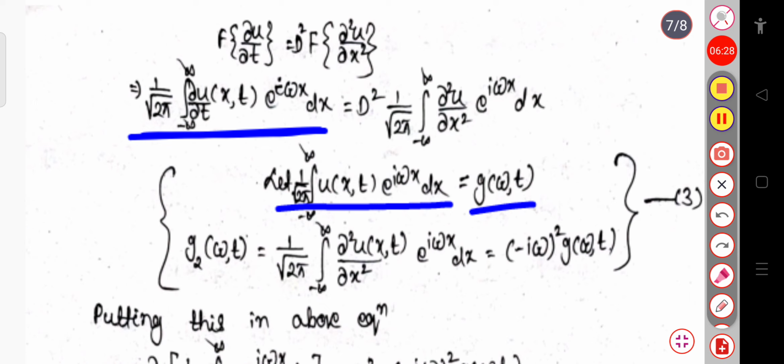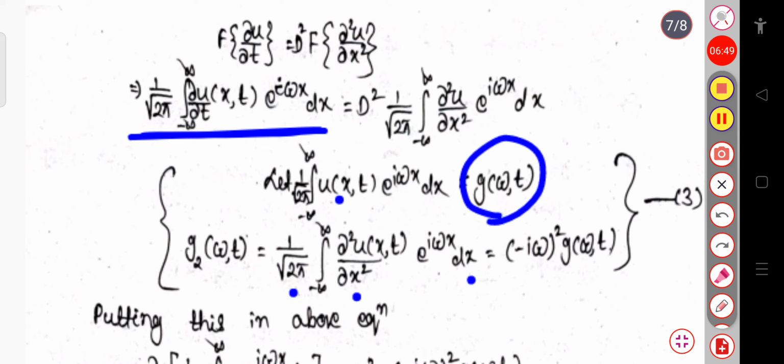Similarly, for the second order derivative, that is ∂²u/∂x², this will be 1 by root over 2 pi, second derivative ∂²/∂x² of u(x,t) exponential i omega x dx, which is equal to g2 of omega, t.